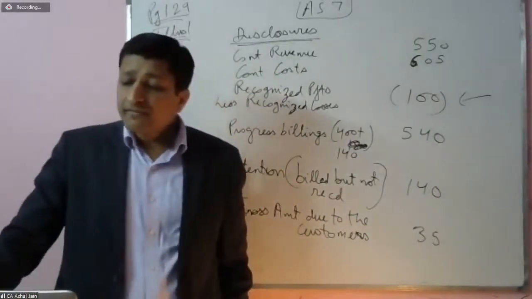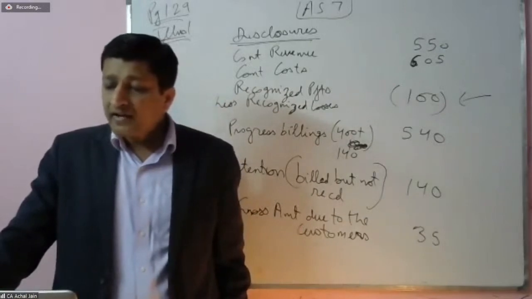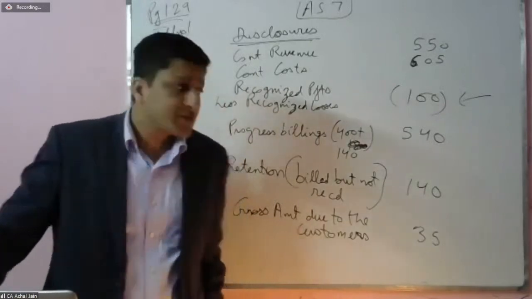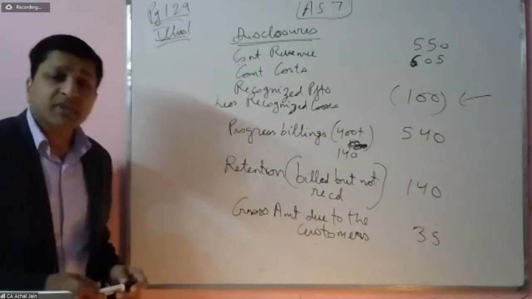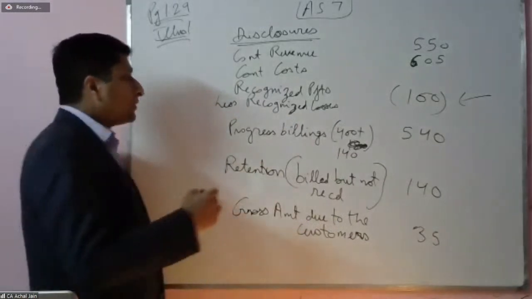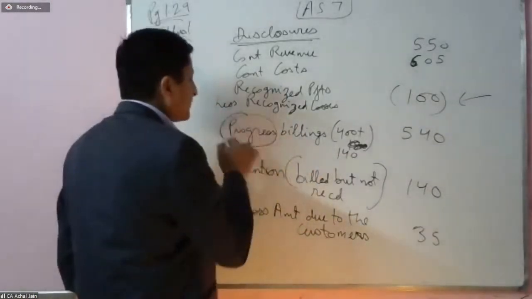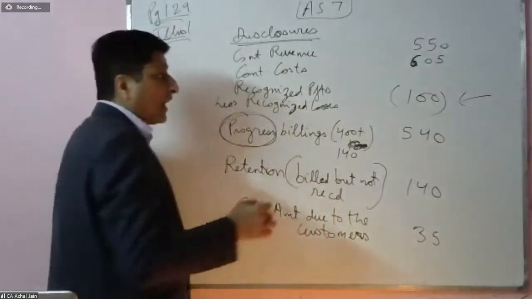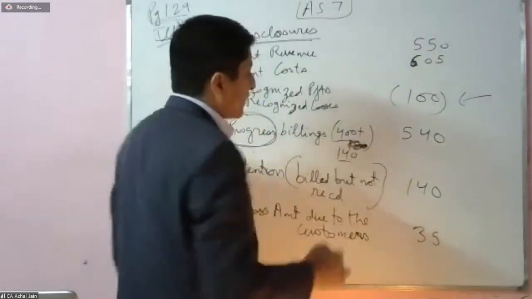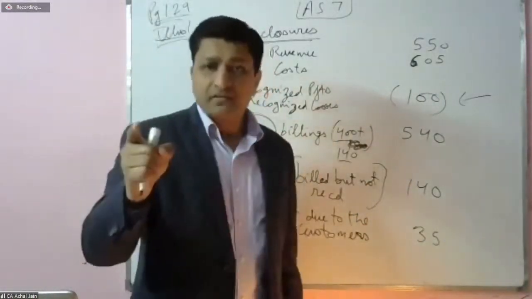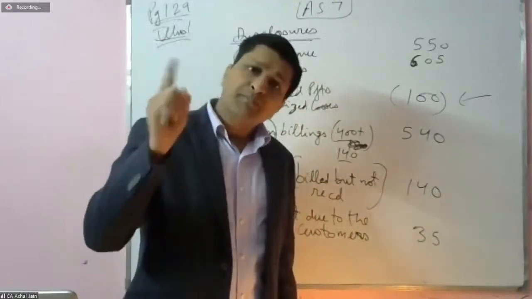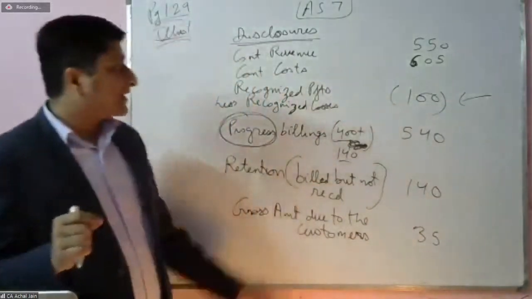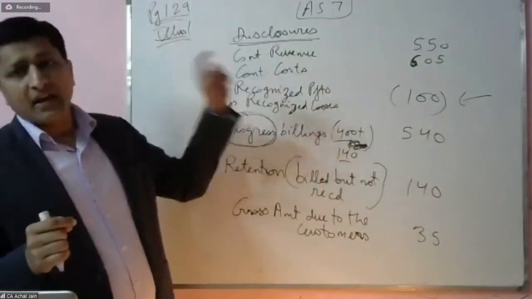Meman is asking, sir, why 140 is added and this is also the retention amount? See, it's something which is given in the question. The total billings that we have are 400 and 140. 400 is already billed. So that's why we are saying this much amount is billed and collected.